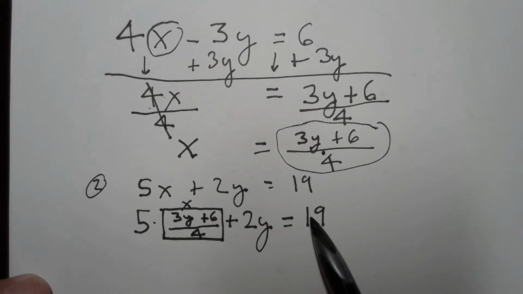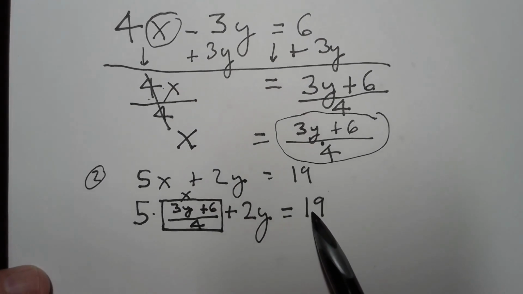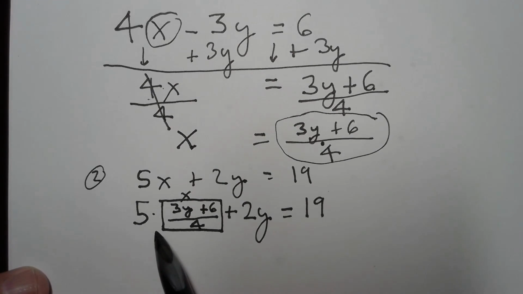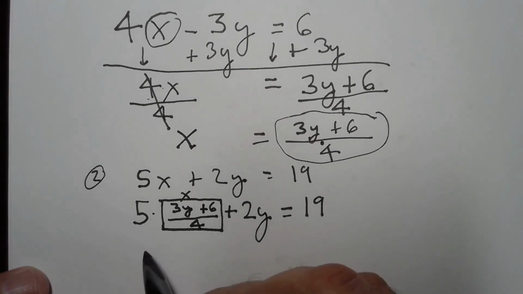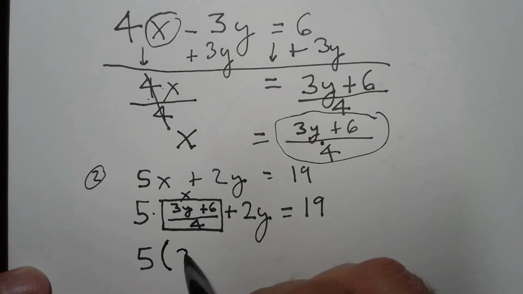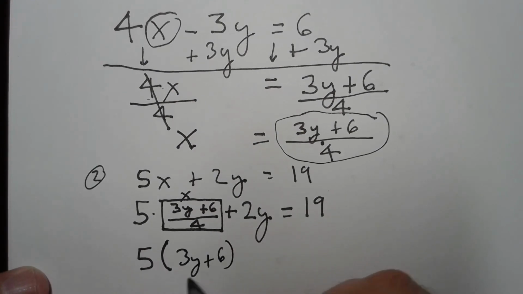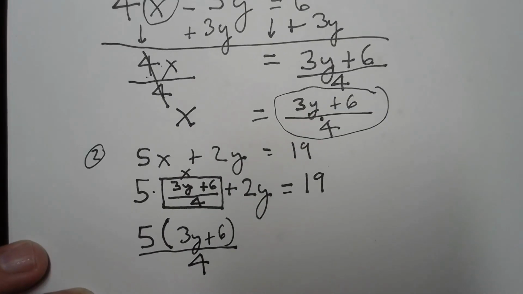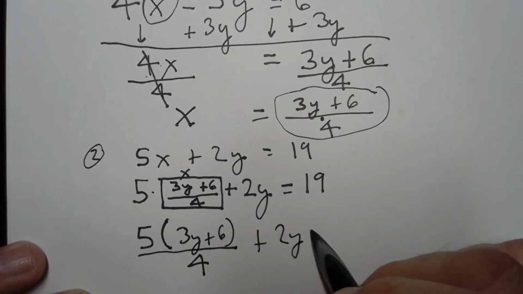Let's keep working this problem. We can now solve for y. So let's go ahead and do our multiplication. I'm going to distribute. So it's 5, and I have to multiply it by everything on top here, 3y plus 6, and all over 4. I can just rewrite it that way. Plus 2y is equal to 19.